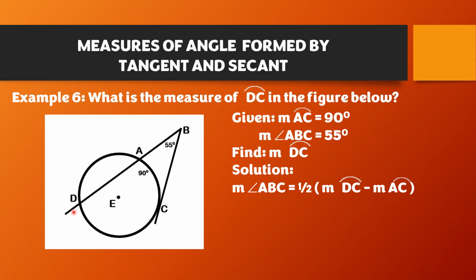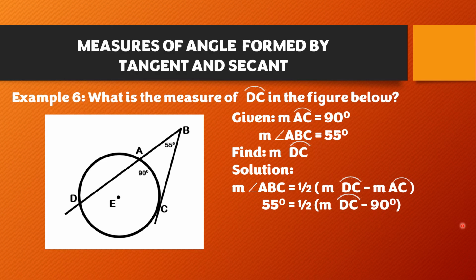And for the substitution, the measure of angle ABC is given, that is 55 degrees, equals 1/2 times the measure of arc DC, this is unknown, and the measure of arc AC is 90 degrees.